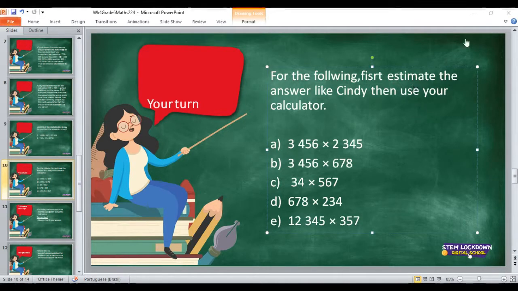And now for our last one, which is E, we have 12,345 multiplied by 357.